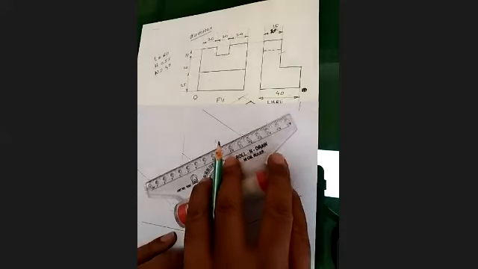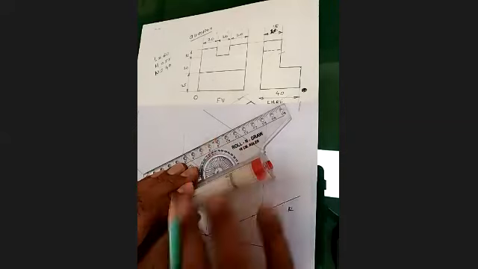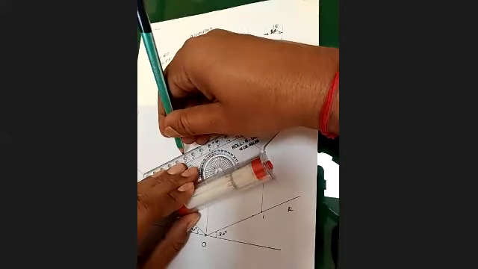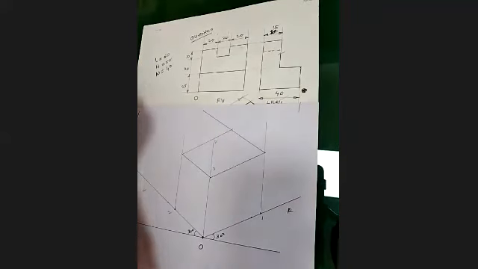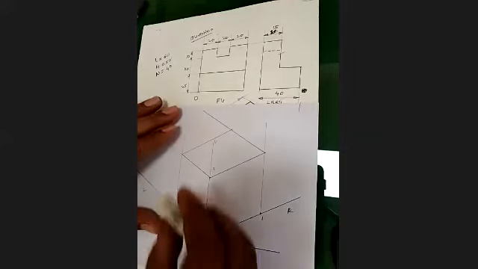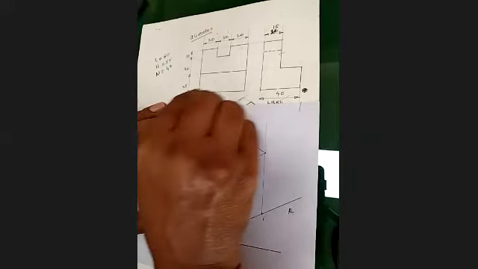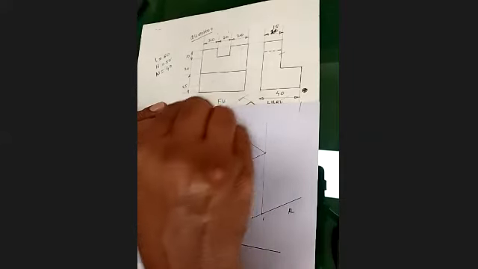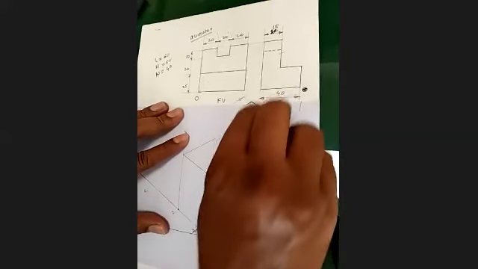I will move the roller scale and make sure that it reaches the point. And this way you will get the box ready for the final step to incorporate the views that are given to you.